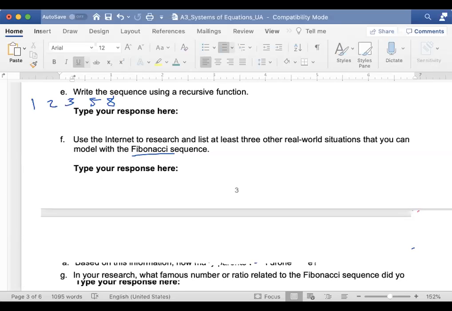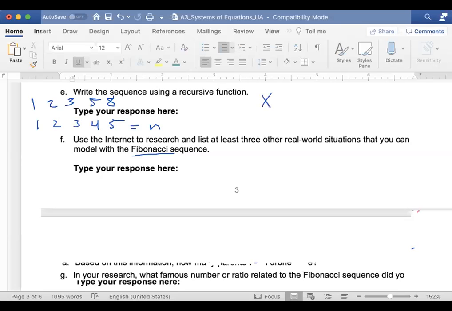So it is a Fibonacci sequence, and the rule, like your terms are n. This is your first term, this is your second, this is your third, this is your fourth, this is your fifth, and these are all n, like what number in line they are if you line them up.